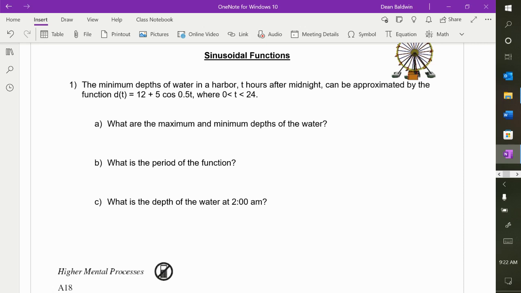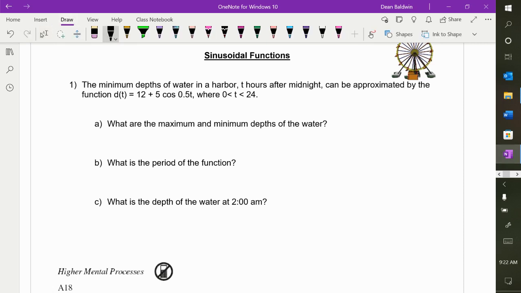How do you find max and min from an equation? We did this right at the end on Friday. A and D. So it was A plus D and negative A plus D. What's my A value? 5, yes.